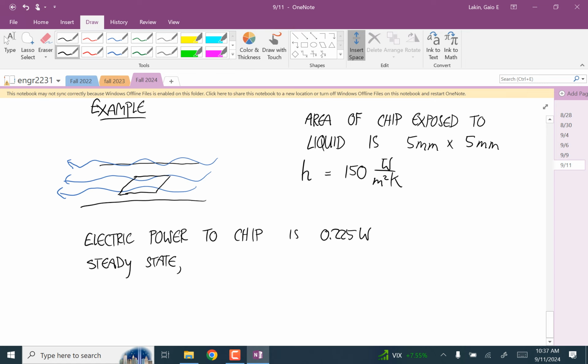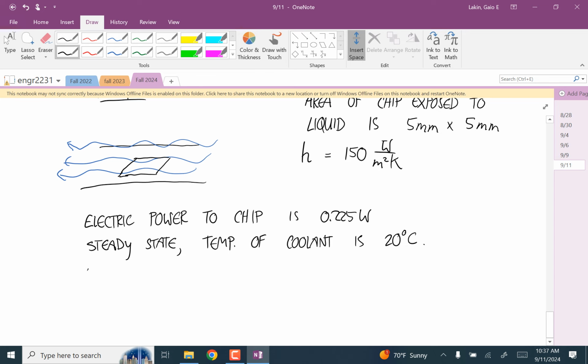And the temperature of the coolant is 20 degrees Celsius. What's the temperature of the surface of the chip?